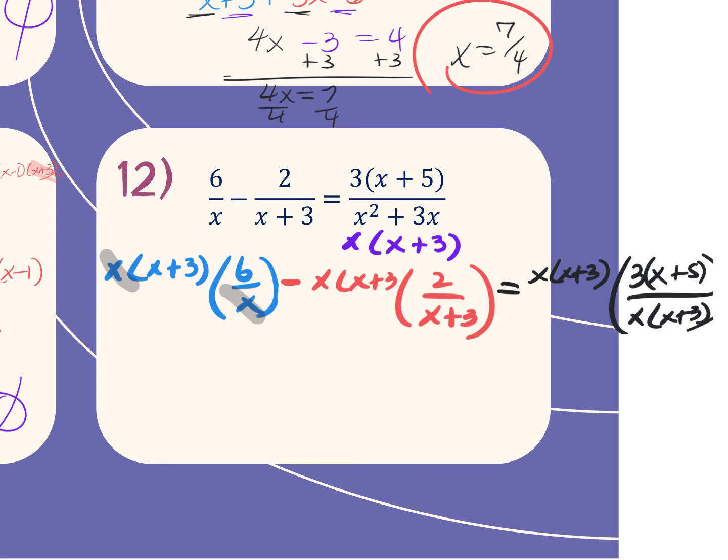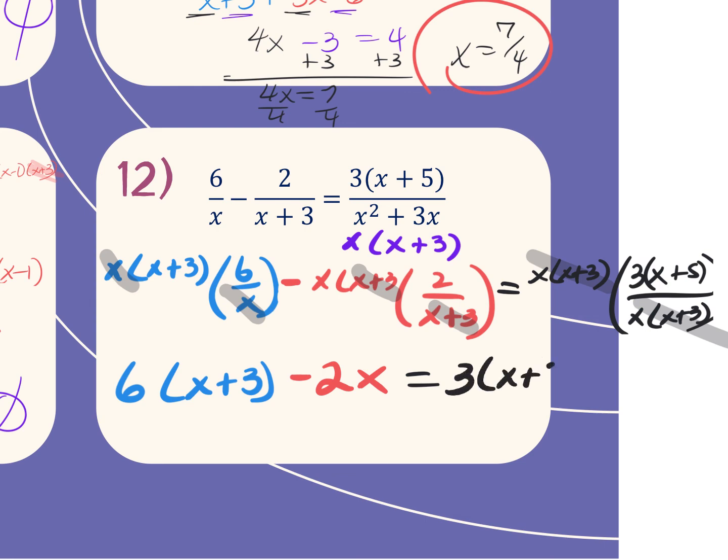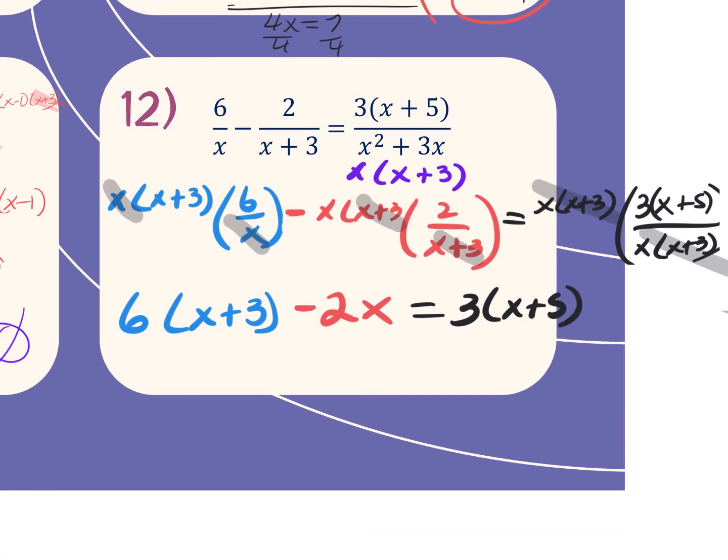So what I have to do is distribute a 6 to the x plus 3. What's going to cancel here is going to be the x plus 3. So I'm just multiplying -x times 2, and I get negative 2x. And then on the other side, the denominator fully canceled, so I was just left with 3 times x plus 5. So let me distribute.